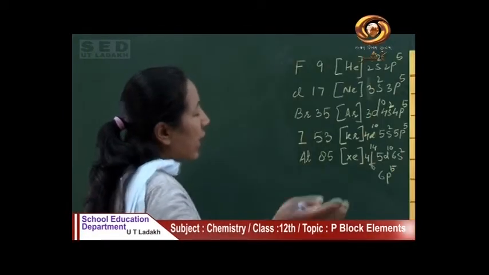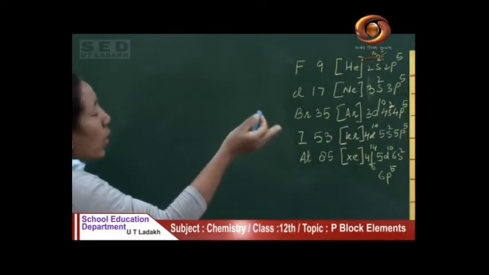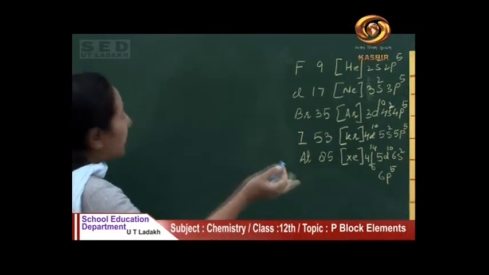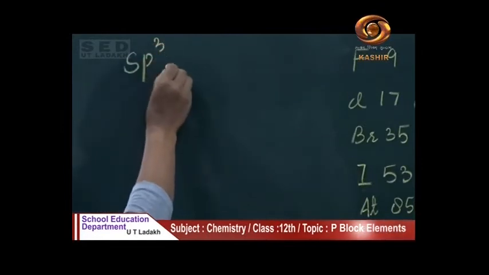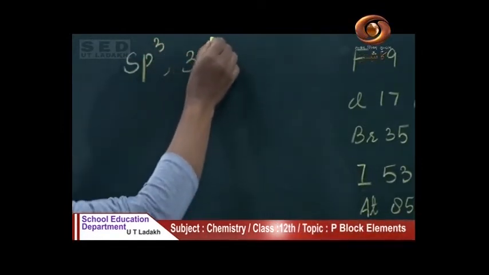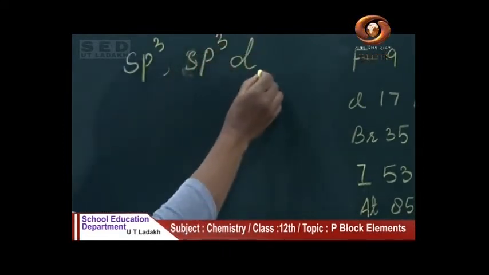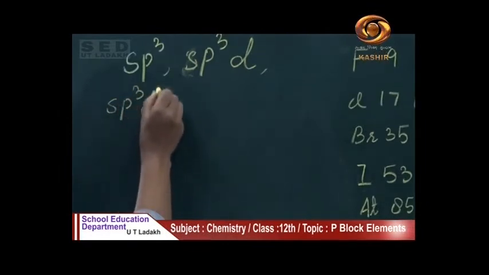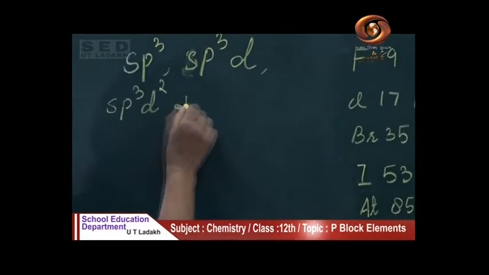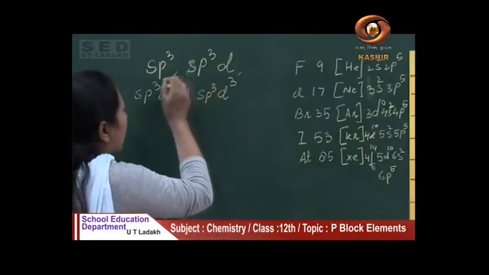Well students, interhalogen compounds show different structural arrangements with the help of different hybridizations, that is sp3, sp3d, sp3d2 and sp3d3.